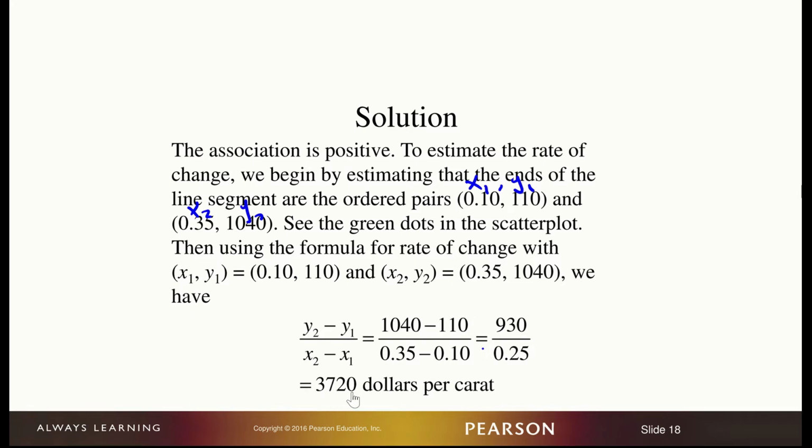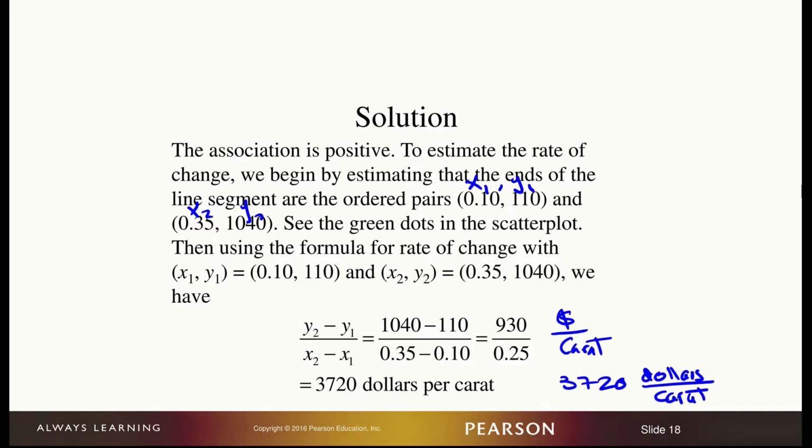So remember, the units on the top were dollars, and the units down below were carats. So that means basically that the price is $3,720 per carat.